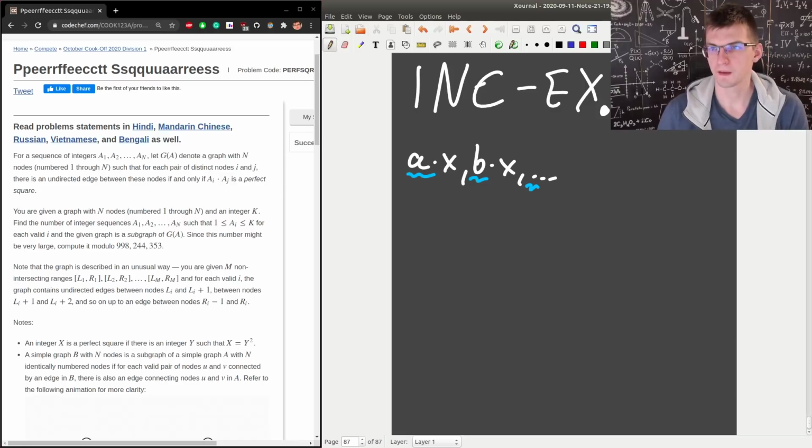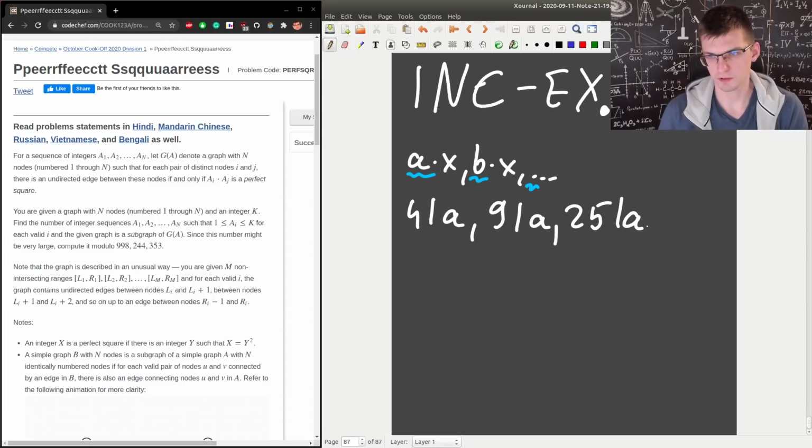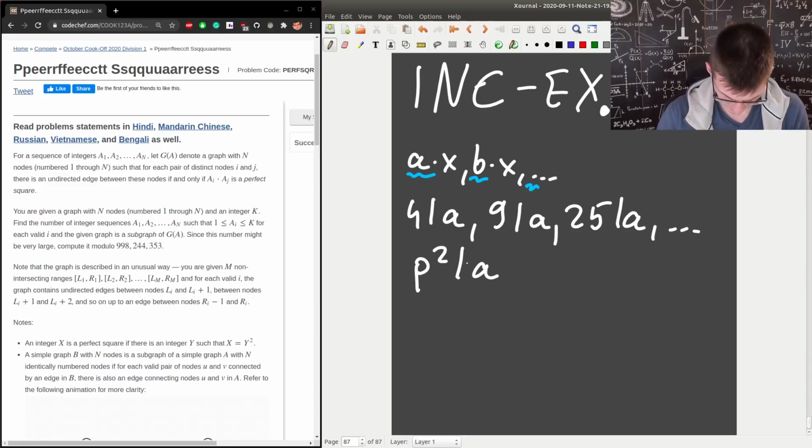Okay. Let's go with divisibility by 4, divisibility by 9, divisibility by 25, and so on. So just divisibility by square of prime. Because if this is the case for every a, b, and so on, for all the multipliers, I double counted.